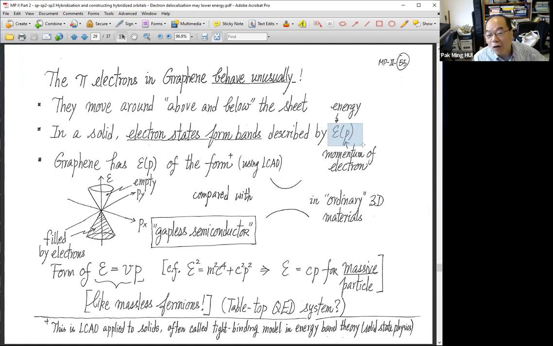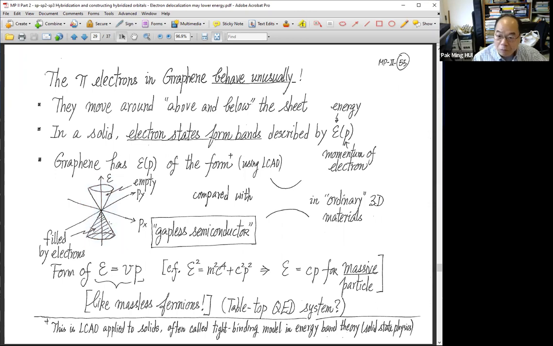But for electrons living on graphene, the behavior is like a cone. The z-axis is the energy, the xy is px, py, because it's just a two-dimensional structure. The momentum has two components only. But it is not parabolic as in the ordinary p squared over 2m behavior. It happens to be two cones, one inverted, touching at a point.